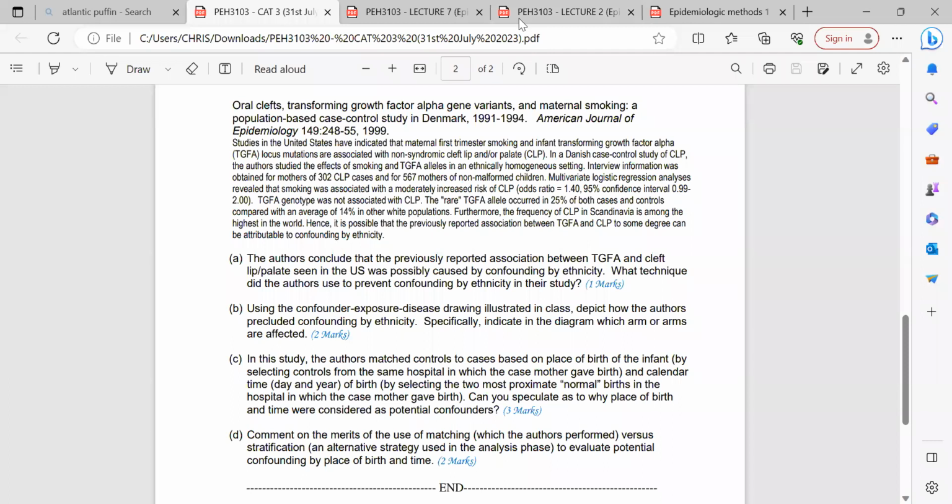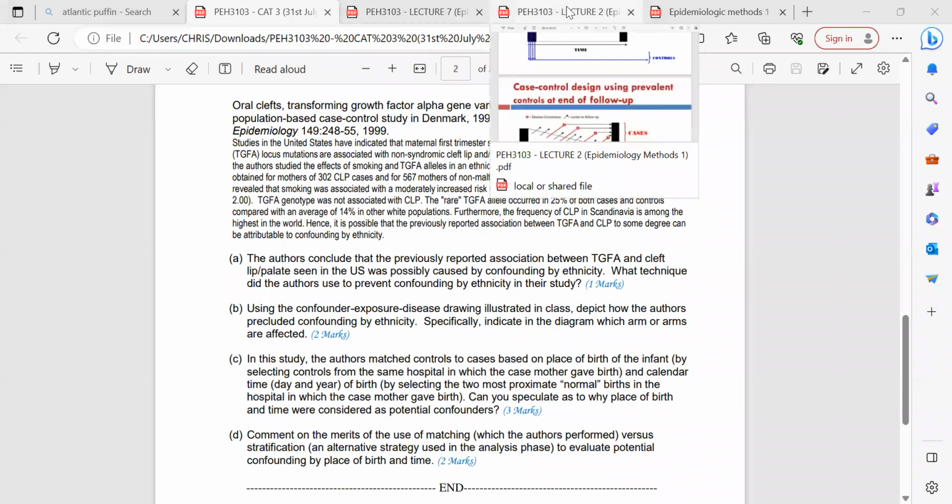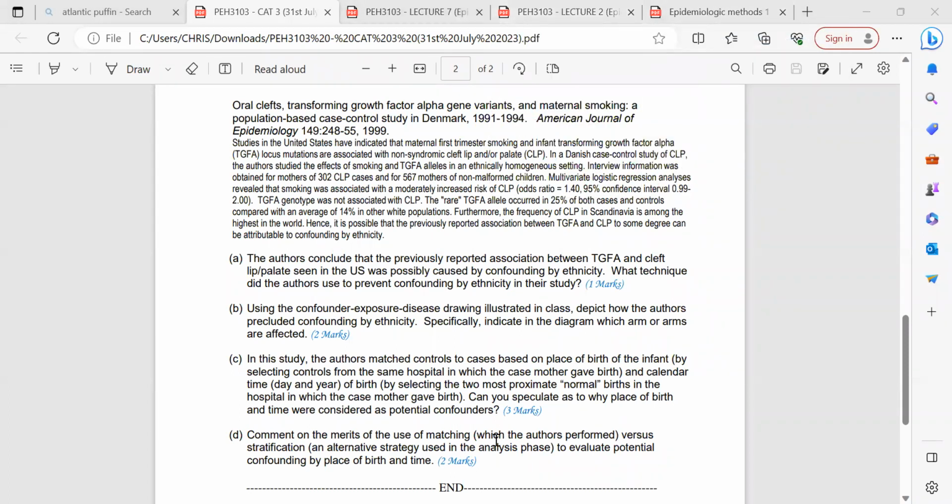I'm trying to look for the assignment with the answers.